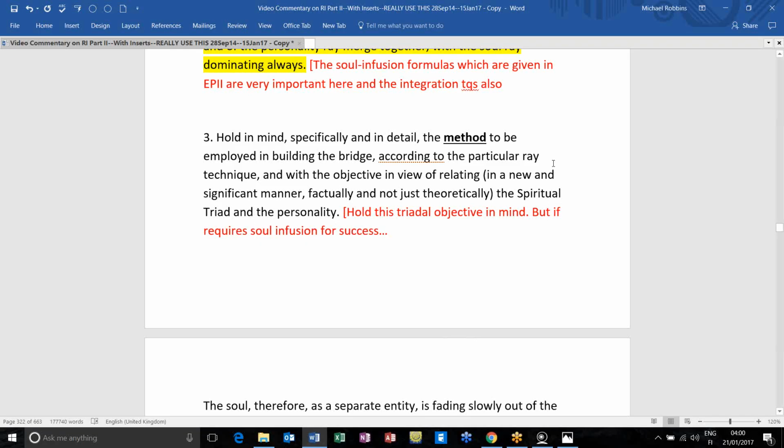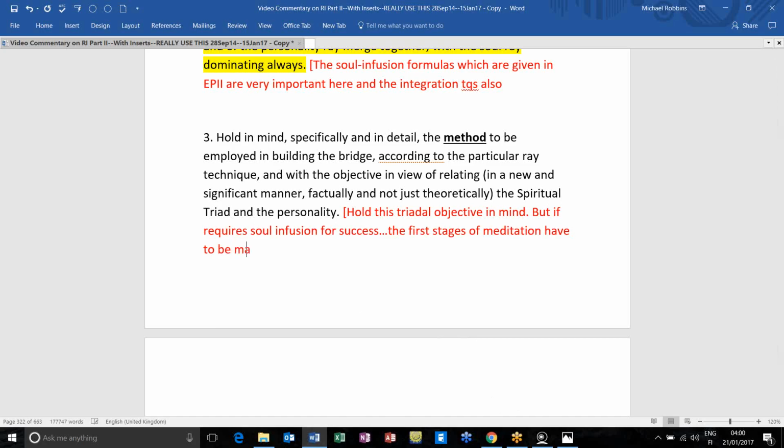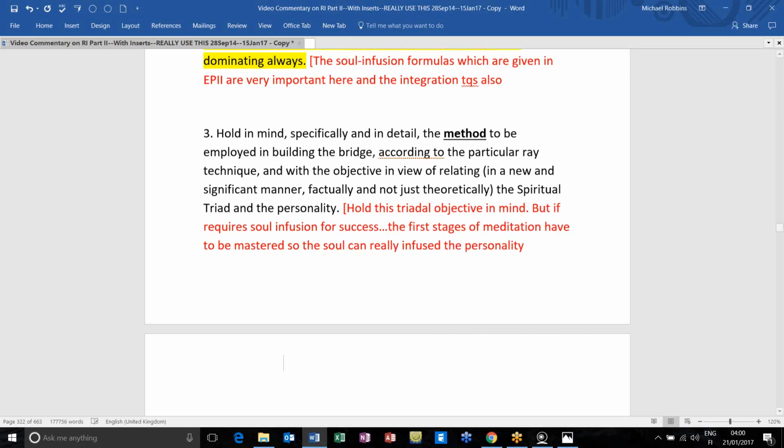So obviously, the first stages of meditation have to be mastered so the soul can really infuse the personality.